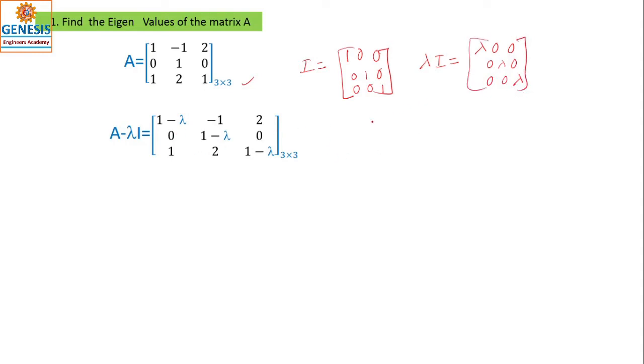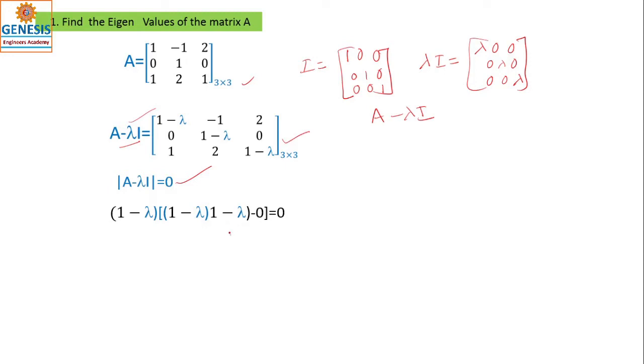Then A minus lambda I is the matrix of this one, and you have to find the determinant of it. This is called the characteristic equation, this is the characteristic matrix, and lambda is the scalar.